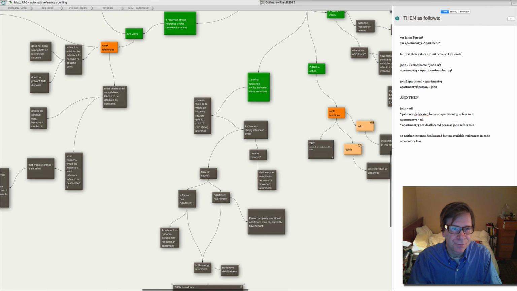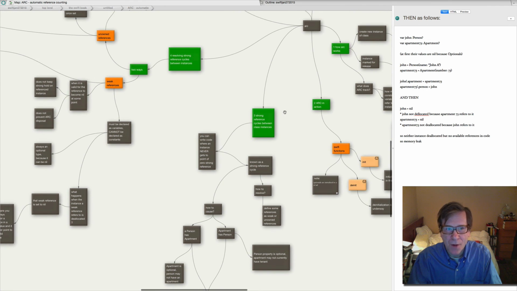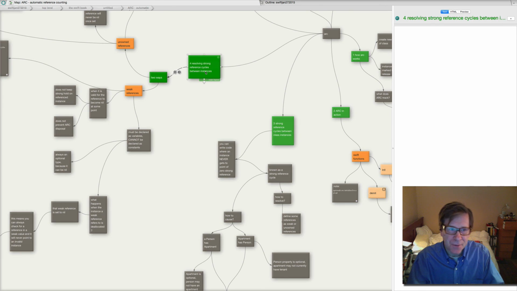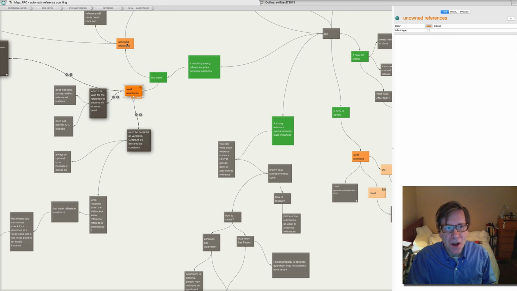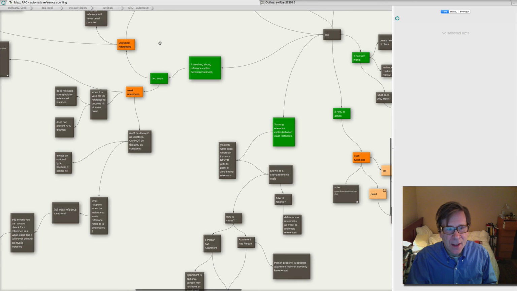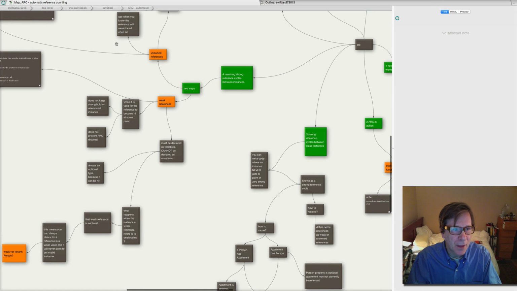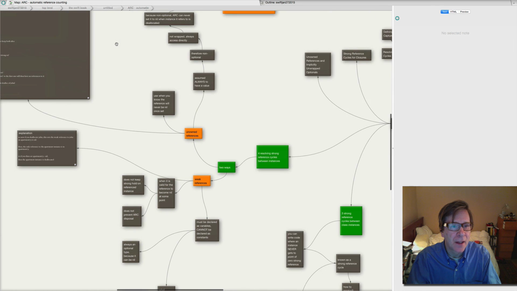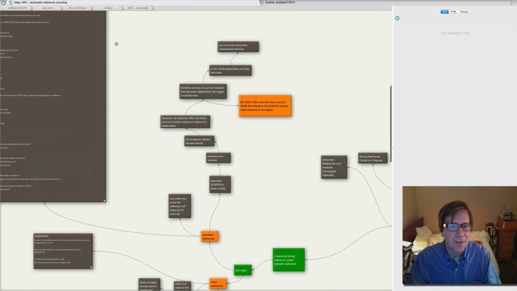Moving on. How to resolve a strong reference cycle between instances. There are two ways. You can either use a weak reference or you can use an unowned reference. And you do it in two different situations.